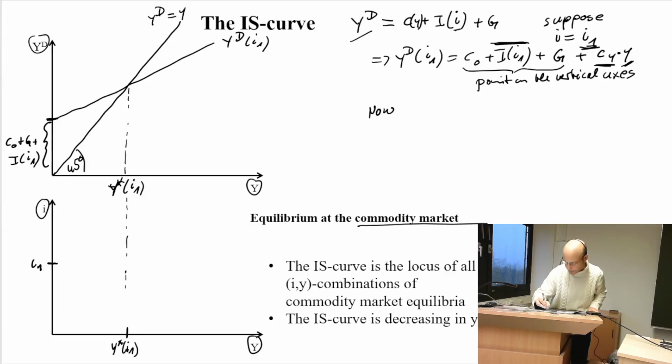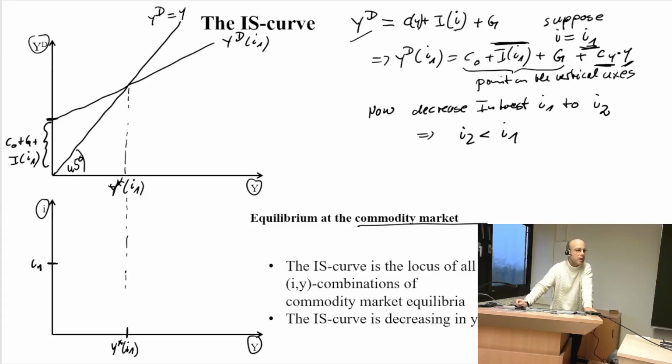Now decrease interest rate I1 to I2. So we have I2 is smaller than I1. What happens now in this diagram here?